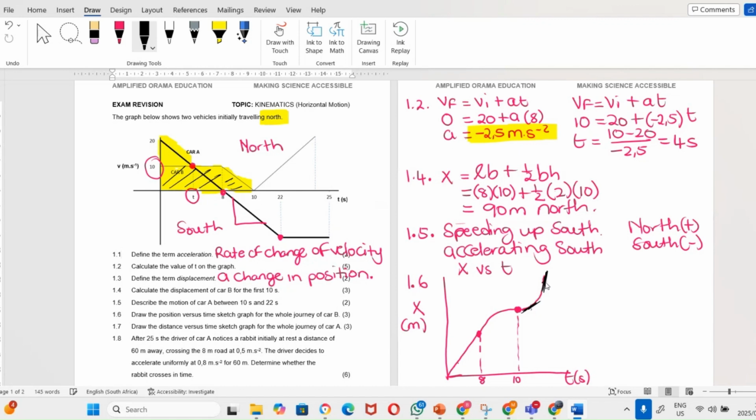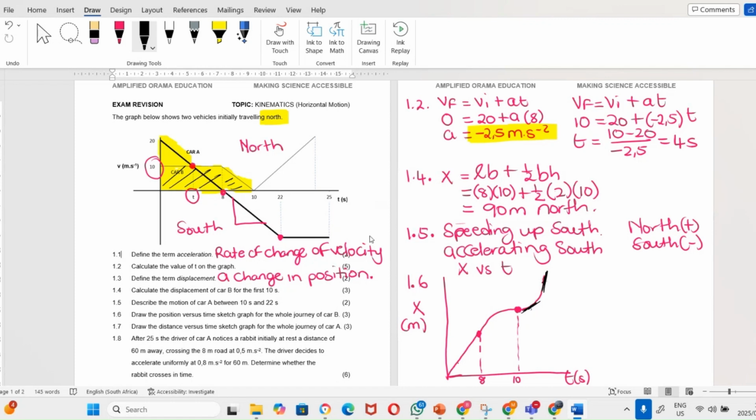And if the velocity is increasing, therefore the object is accelerating. That's the main point there. If an object is accelerating, the velocity has to increase, and that is shown by these lines, where you are moving from a less steep line to a steeper line.